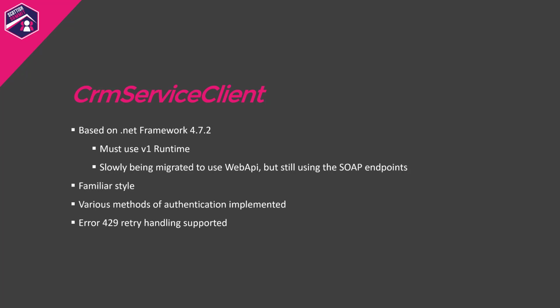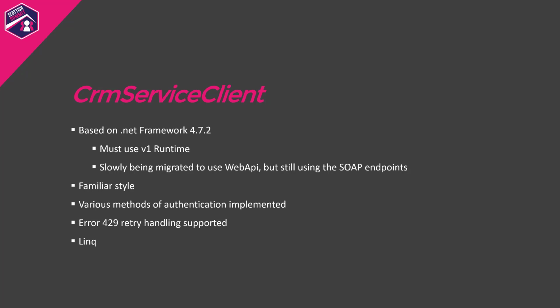But it does perform 429 error handling, so that if the platform is heavily loaded and you're hitting API limits and it gets a 429 error, it will back off and wait until the time given on the error 429 to try again.